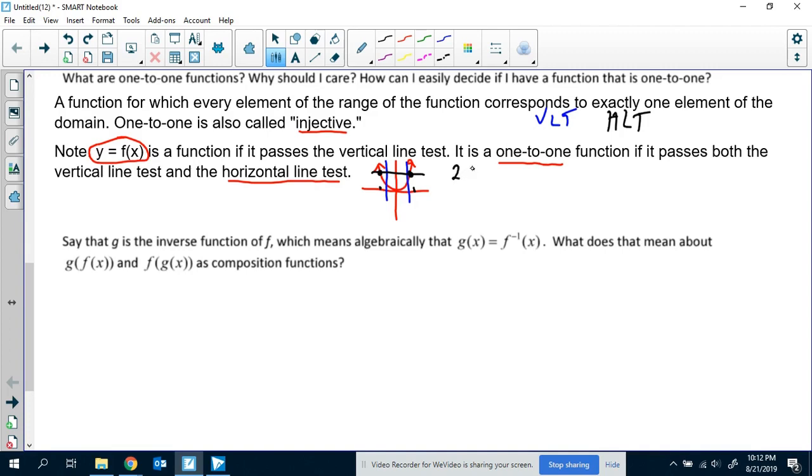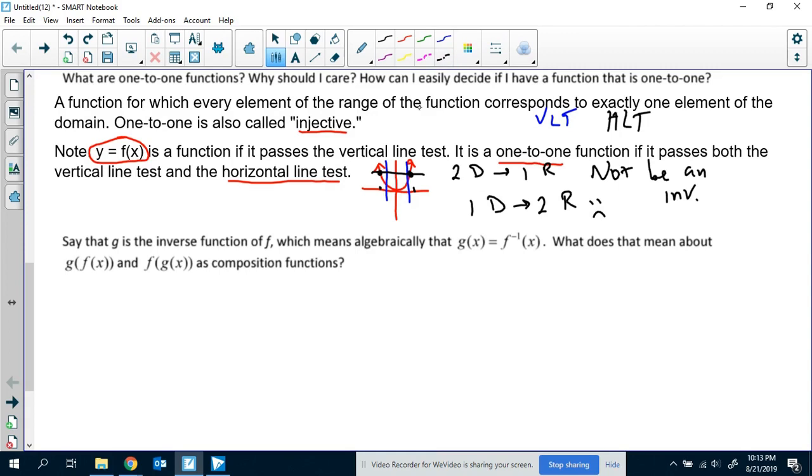So I have two domain elements that go to one range element. There won't be an inverse function anytime it doesn't pass the horizontal line test, because if I then flip the domain and range, that means I have one domain element going to more than one range element, and that's bad. So the horizontal line test has to be passed in order for something to be one-to-one.